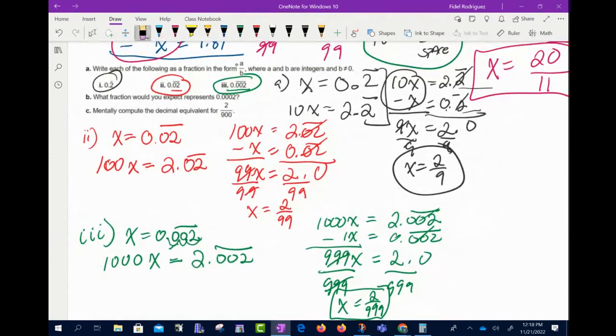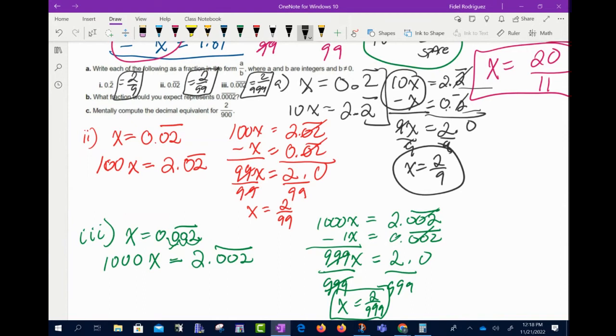Okay, so look, this is what I'm going to do now. I'm going to come back over here, and I'm going to write the decimal equivalents right next to it. So the first one here was 2 over 9. The second one here was 2 over 99. This one here was 2 over 999, right? So what I want you to notice is when one digit was repeating, in this case, the number 2, it was 2 over 9.